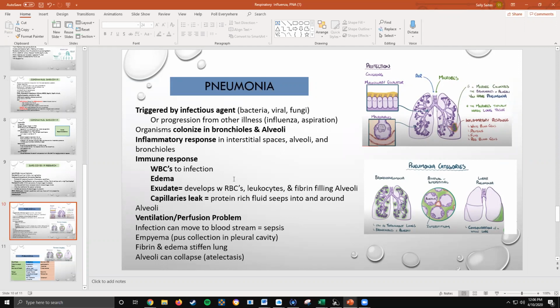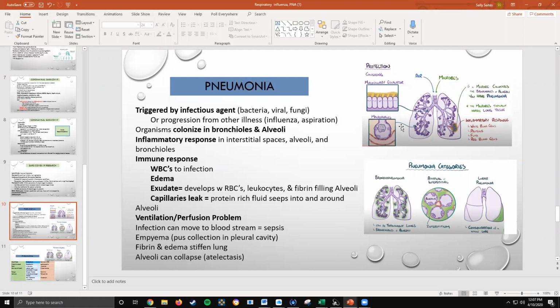So influenza is a pretty big cause of pneumonia, but any type of bacterial or fungal infection that we inhale can cause the inflammatory response and cause perfusion of the bacteria or viral in the lungs, causing pneumonia.